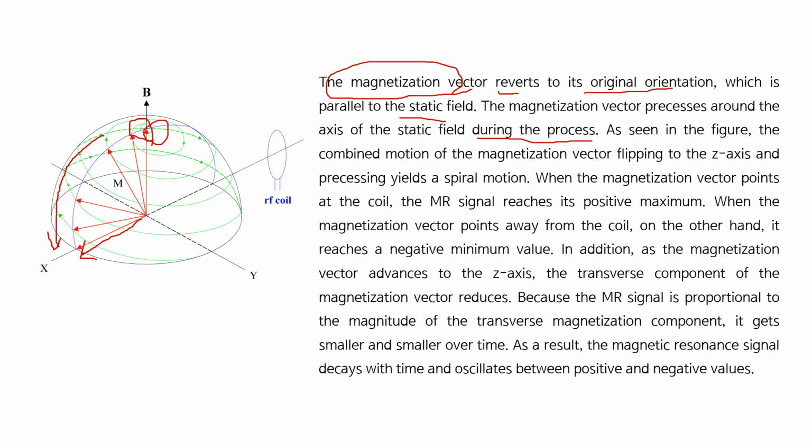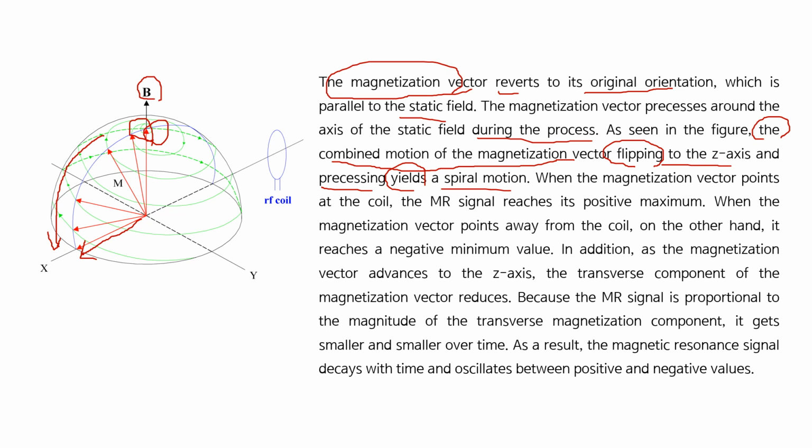So during reverting to its original orientation, the magnetization vector precesses around the B field. The combined motion of the magnetization vector flipping to the z-axis and precessing around the field is a spiral motion. So the magnetization vector moves in a spiral way and goes back to the original direction.